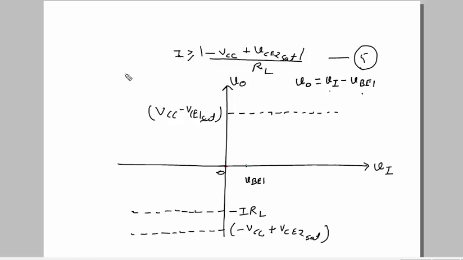After that, as we increase Vi, V naught will increase. So it will go like this, and then it will reach the maximum value. Now when Vi is 0, put Vi equals 0. So what is V naught? V naught is minus VBE1, so it will be here. In the negative direction it will go like this. At 0, V naught equals minus VBE1, so this distance and this distance are the same.